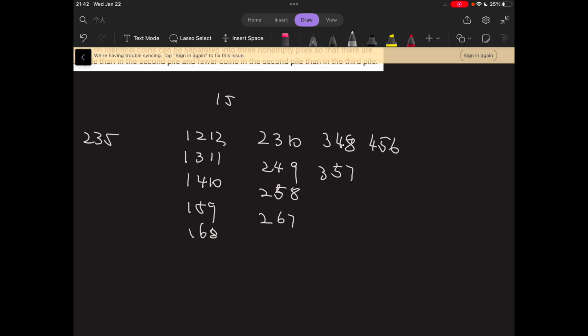Okay, you can see here now we have 5 here, 4 here, 2 here, and 1 here.